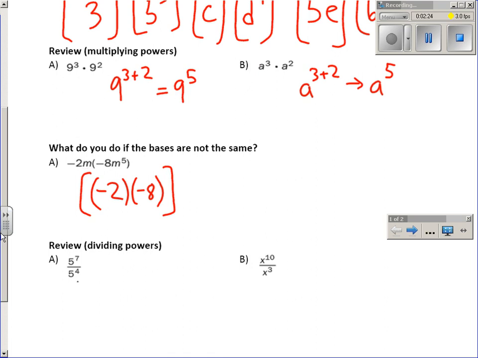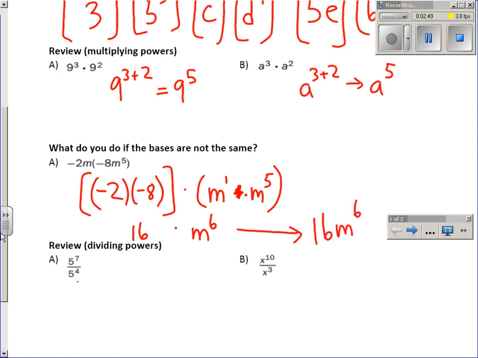And then we would multiply that by m to the first times m to the fifth. So we would end up with positive 16 here, and we would multiply that by m to the sixth. So our final answer would be 16m to the sixth.